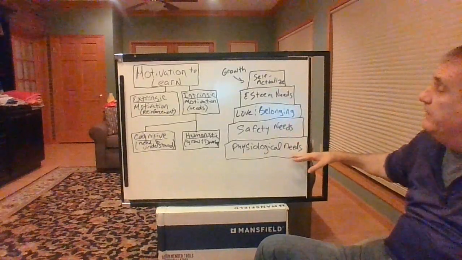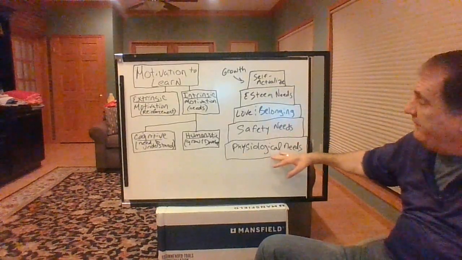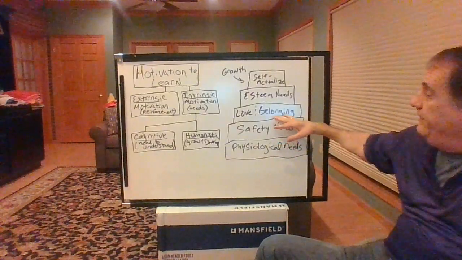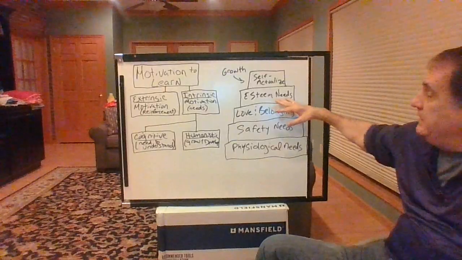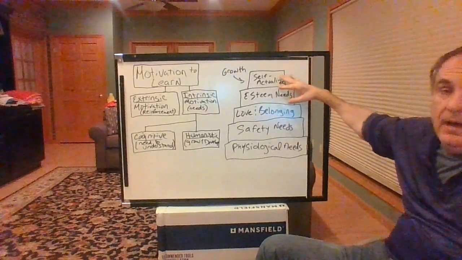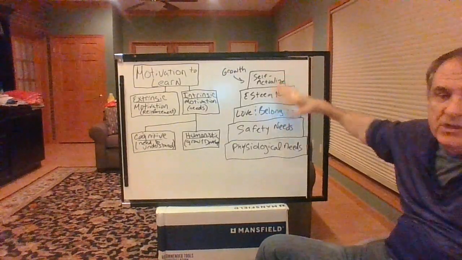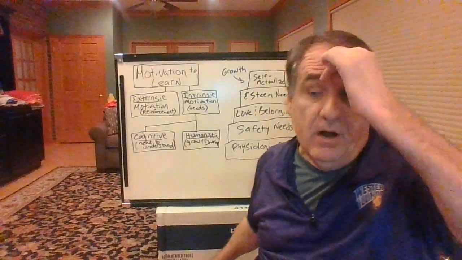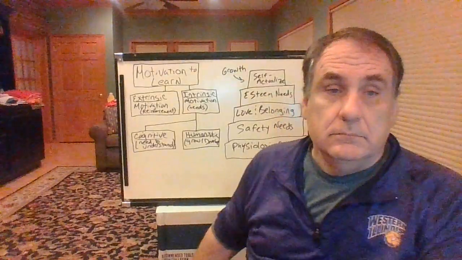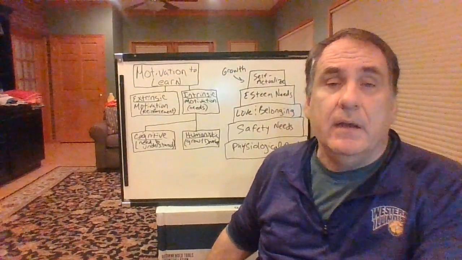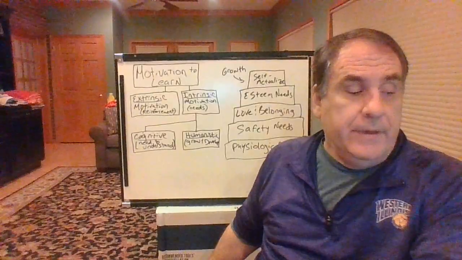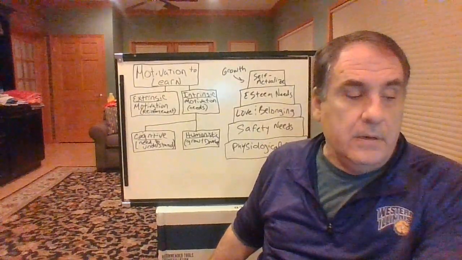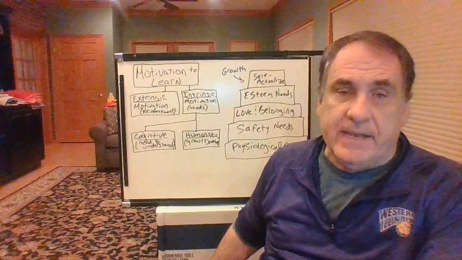A hierarchy of needs, starting at the most basic level, the physiological needs, moving up to safety needs, to love and belonging needs, to esteem needs, to a need for self-actualization. We'll talk about each one of these independently. But the idea behind Maslow's hierarchy of needs is that new and higher needs emerge as lower needs are fulfilled, or at least sufficiently taken care of.